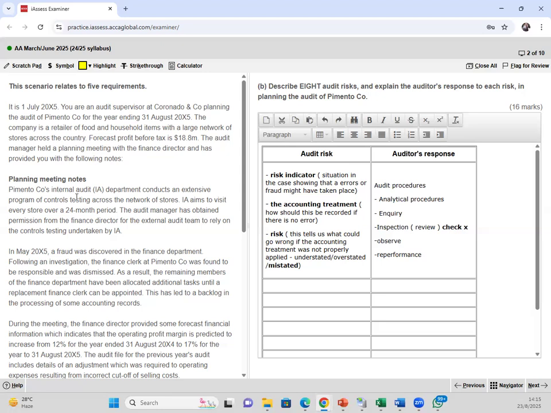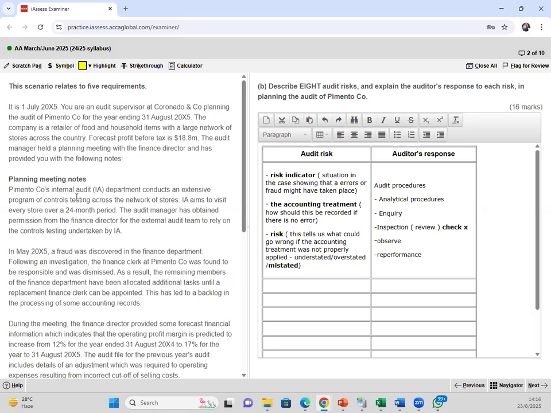If they tell you that expenses of 5 million were misstated, you can go back to the benchmark and say 5 over 18.8 times 100. If that amount is 10% of profit, it's a material amount.